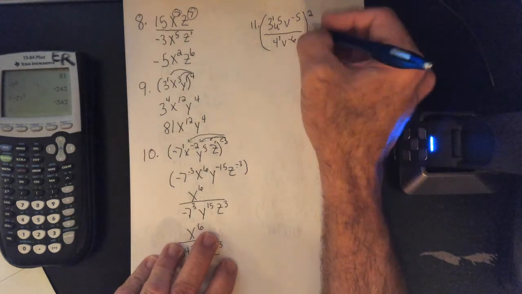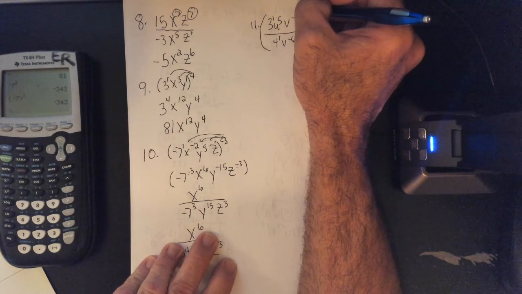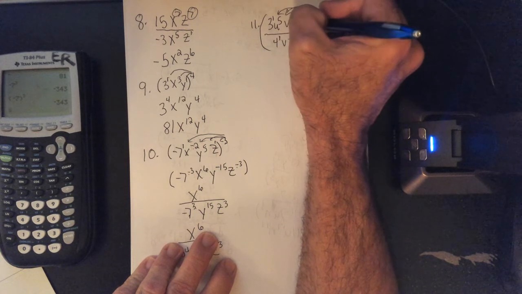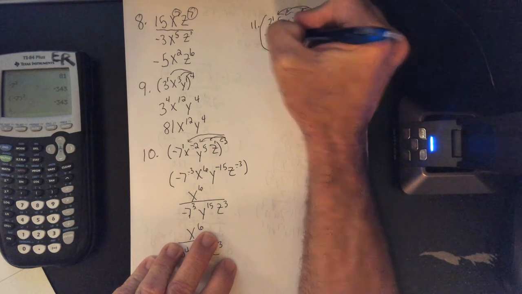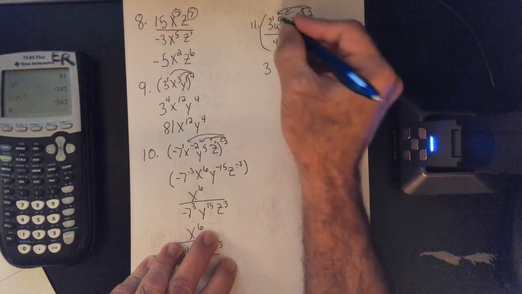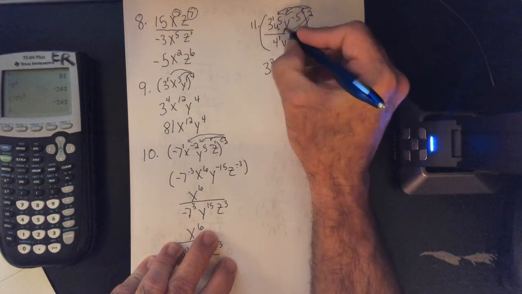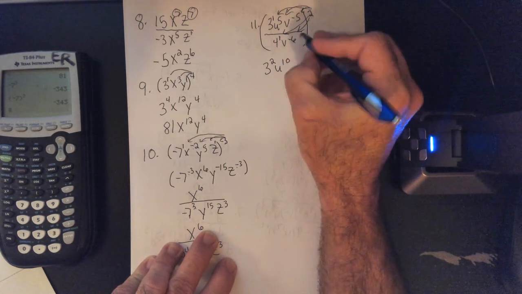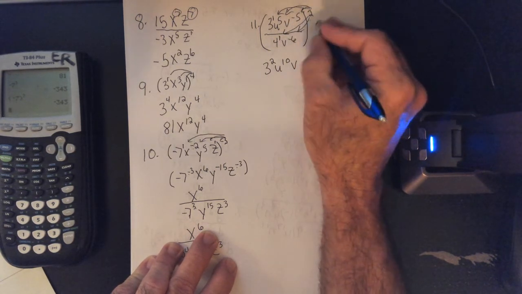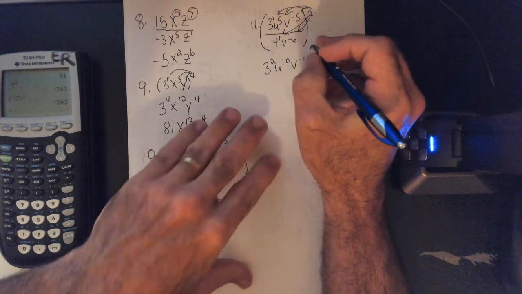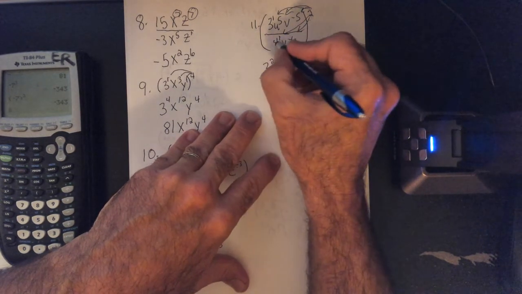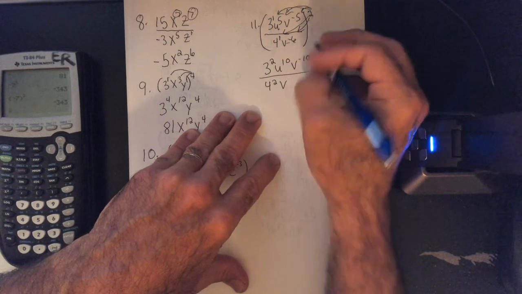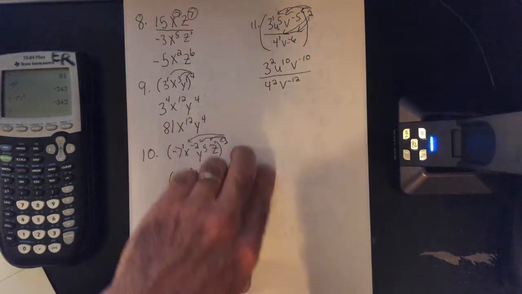The first thing I'm going to do is distribute that 2 to all of the exponents, so that I get 3 on top, 1 times 2 is 2. U, 5 times 2 is 10. V, negative 5 times 2 is negative 10. Over 4, 1 times 2 is 2. And V, negative 6 times 2 is negative 12.